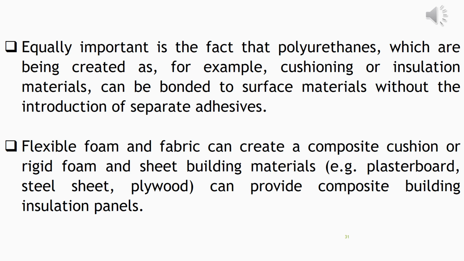So flexible foam and fabric can create a composite cushion, or rigid foam and sheet building materials, for example plasterboard, steel sheet or plywood, can provide composite building insulation panels.